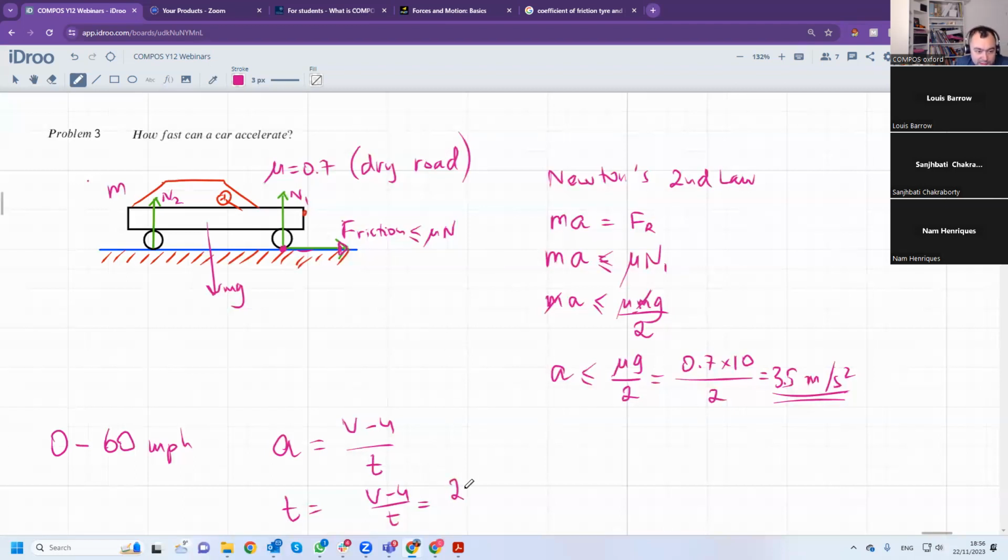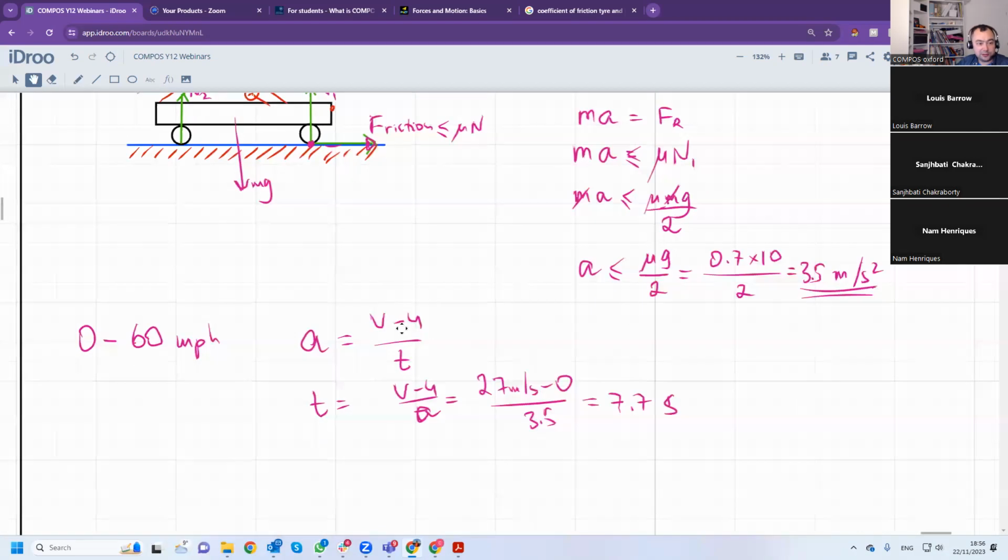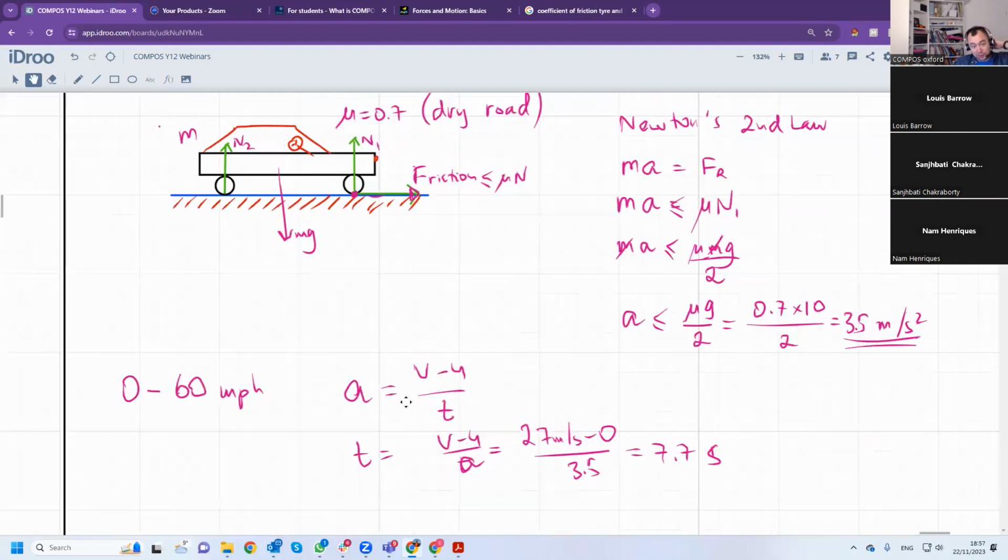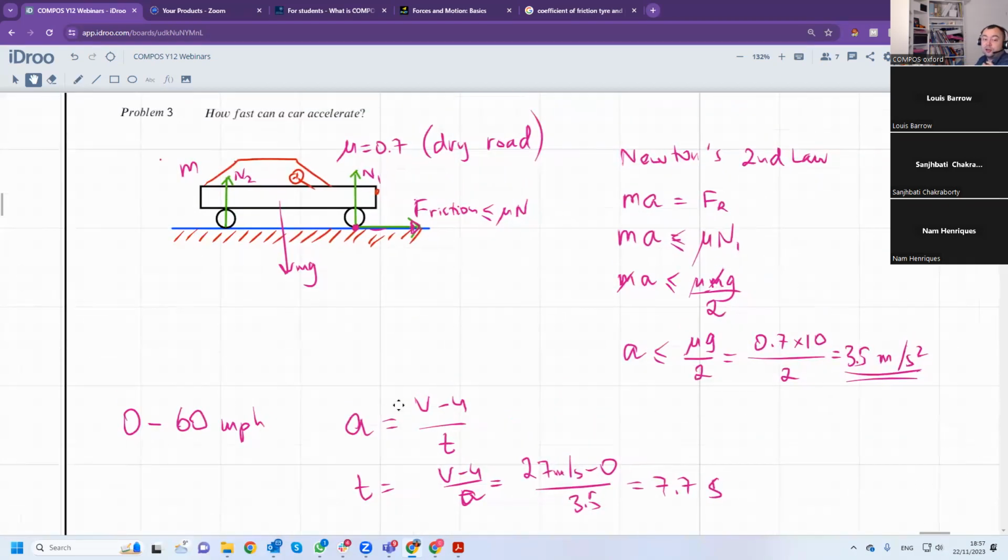So 27 meters per second minus 0, divided by the acceleration, divided by 3.5. 27 divided by 3.5, so it should be about 7.7 seconds. So a typical front wheel drive car should do about 7.7 seconds from 0 to 60.